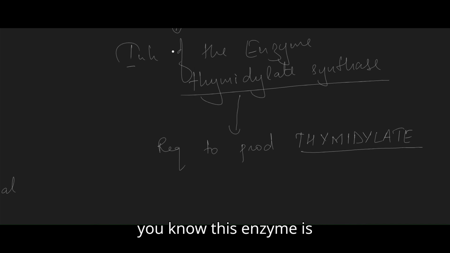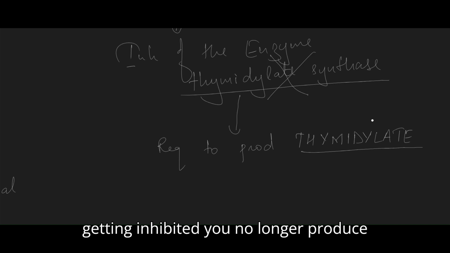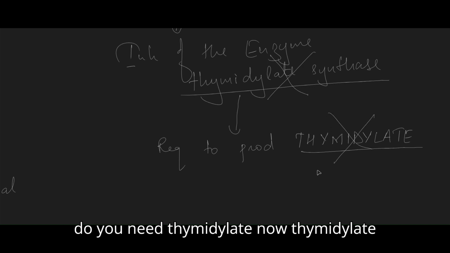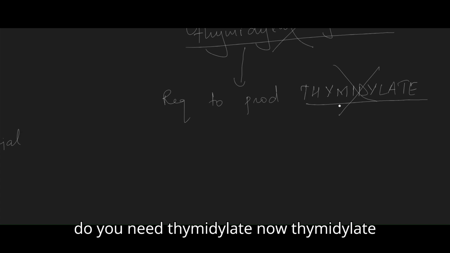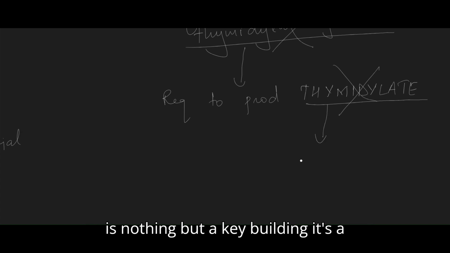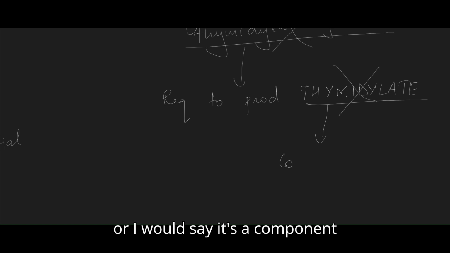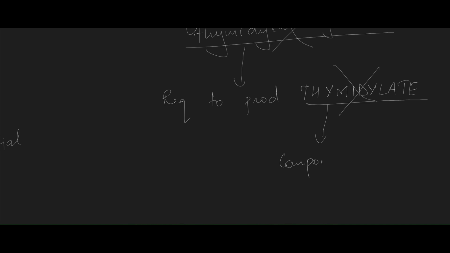Now since this enzyme is getting inhibited, you no longer produce thymidylate. Now you must be wondering, why do you need thymidylate? Thymidylate is a building block of DNA, or I would say it's a component of DNA.